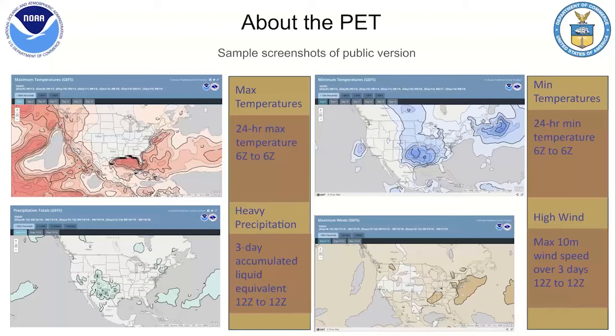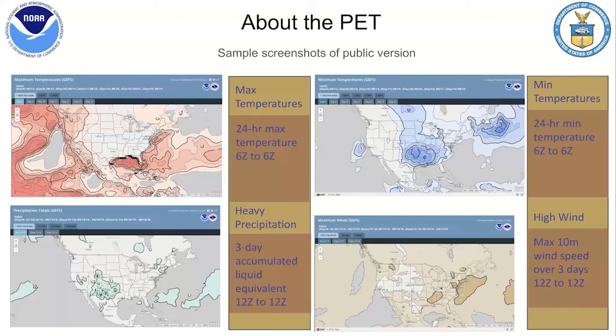Similarly, for the minimum temperatures, it's the minimum temperature of that 24-hour period, also going from 6Z to 6Z. For the heavy precipitation, we do 3-day accumulated amounts of liquid equivalent. So you can see there's a window of days 8 to 10, 10 to 12, and 12 to 14. And those bounding periods are 12Z to 12Z.